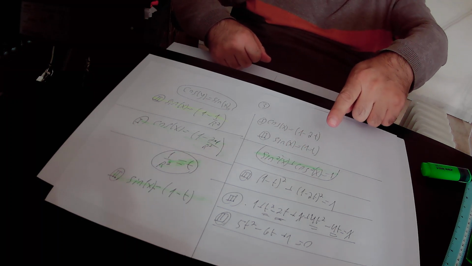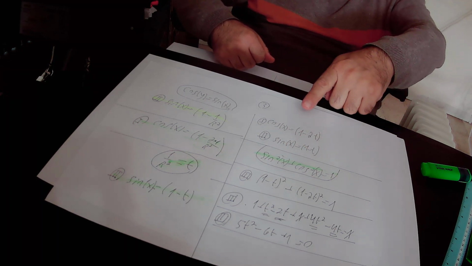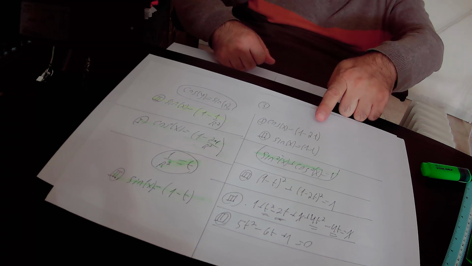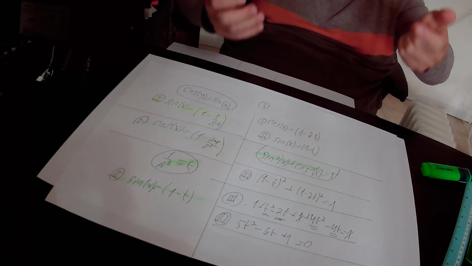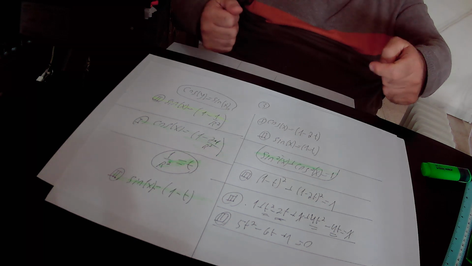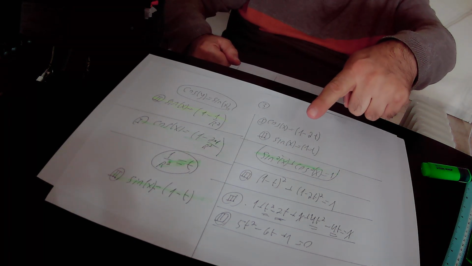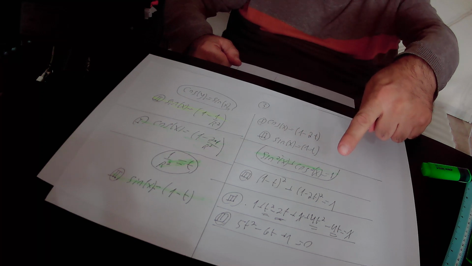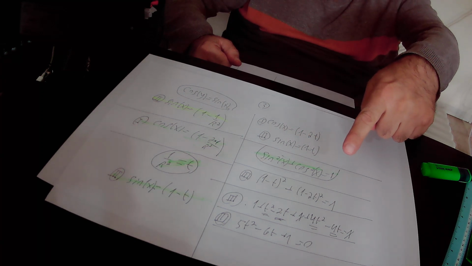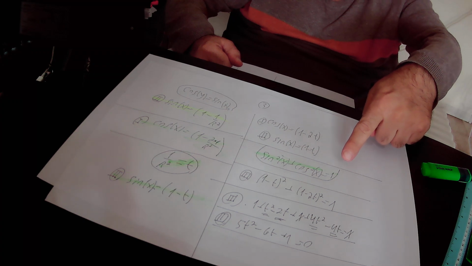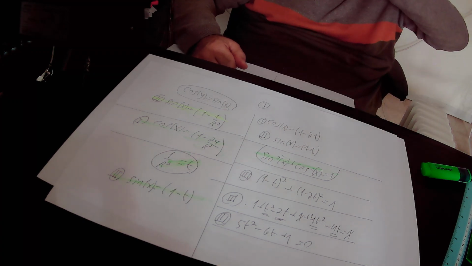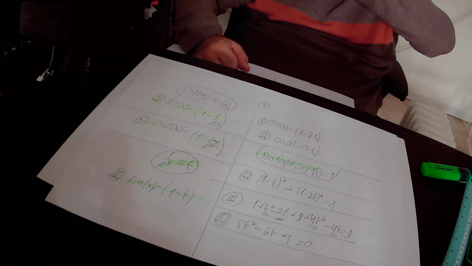Plus cosine squared x. Cosine x is 1 minus 2t, therefore cosine squared x is (1 minus 2t) squared. Okay, so we have here (1 minus t) squared plus (1 minus 2t) squared equals 1. It must be equal to 1, according to this trigonometric identity.